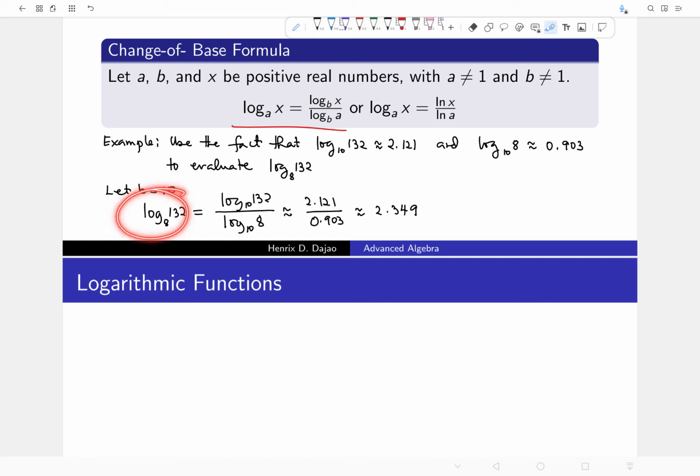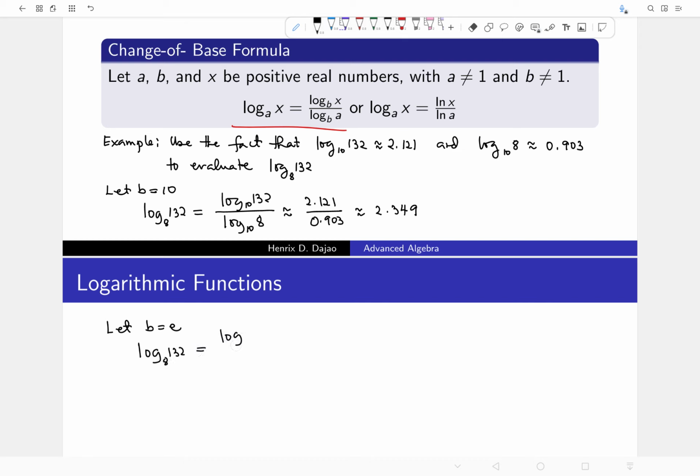So that will be the answer for log of 132 with base 8. Now we will try using another base. Let's say our b now is e. Let's see if we can get the same answer. If we let b be equal to e, that's the Euler's constant, 2.71, then using the change of base formula, we will evaluate log base 8 of 132.